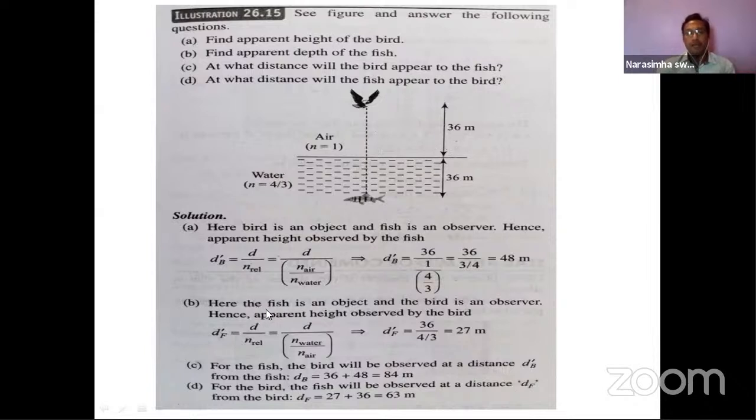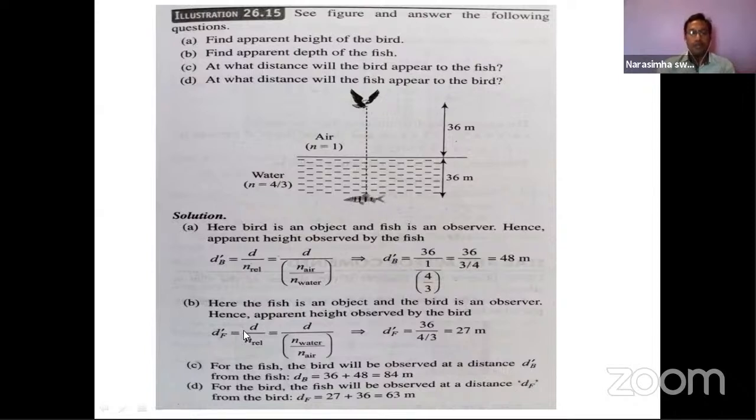Similarly, observe the second case: the apparent depth of the fish. The fish is now the object and the bird is now the observer. Now the observer is in the rarer medium and the object is in the denser medium.